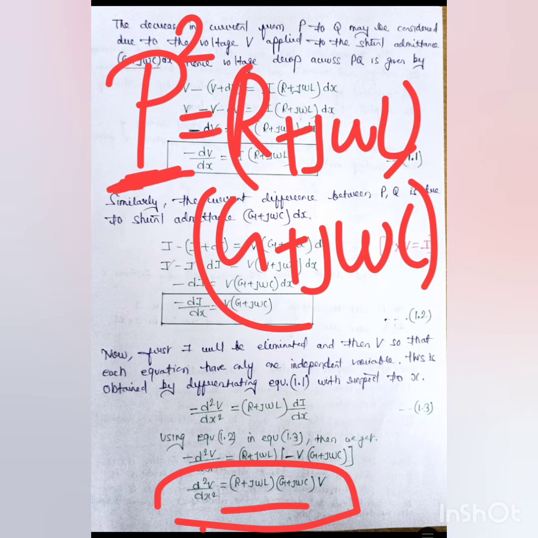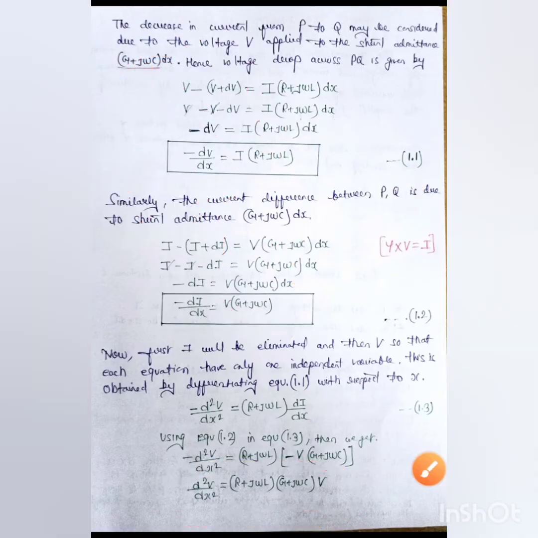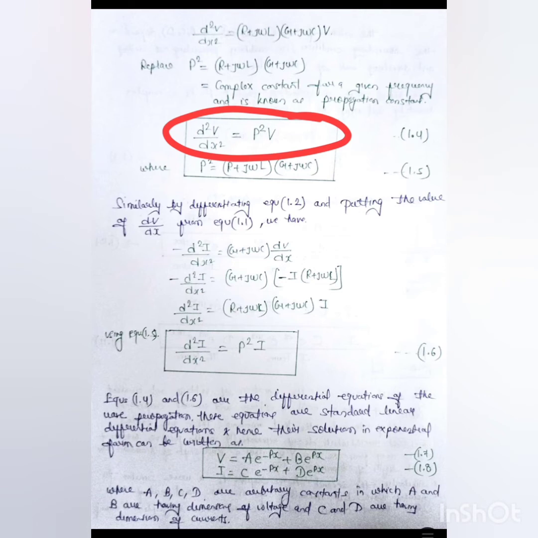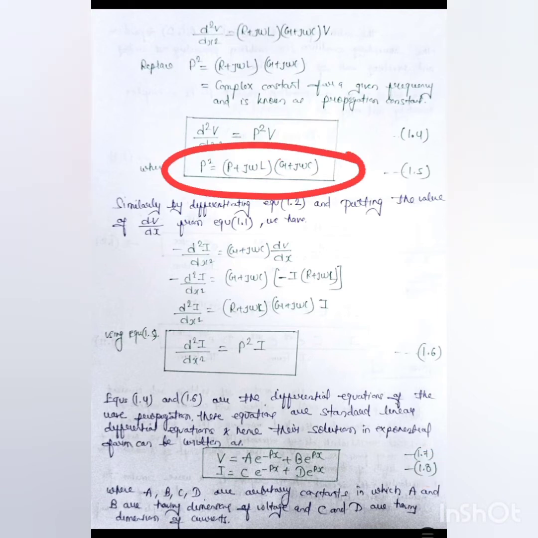We replace this product with P square and we get the equation d square V upon dx square equals P square V. We need to remember this formula for the calculation of numericals. For calculating any numerical, we should know the propagation constant formula in terms of R, L, G, C.